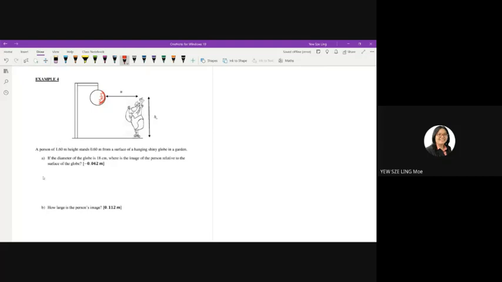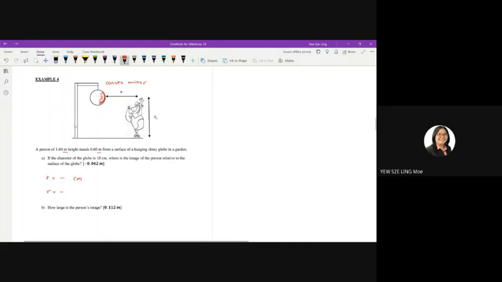First of all, we know that the diameter is 18 cm, but because you have a convex mirror, R is negative. Everything given in the question is in meters, so I'm going to change it to meters. R is half the diameter of the globe, so it should be 9 cm.